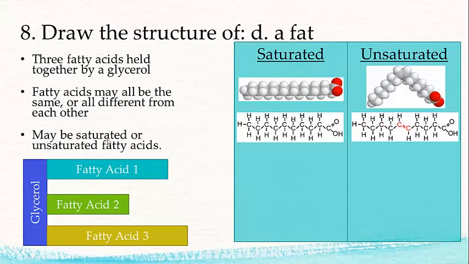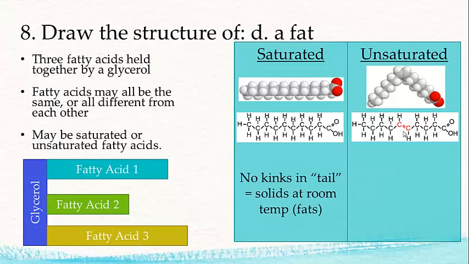The difference between the two is that in a saturated fat, all of the fatty acids have single bonds. Every single carbon, hydrogen, it's all single bonds. In an unsaturated fat, here we have this double bond. Saturated fats have no kinks in the tail that forms the fatty acid.